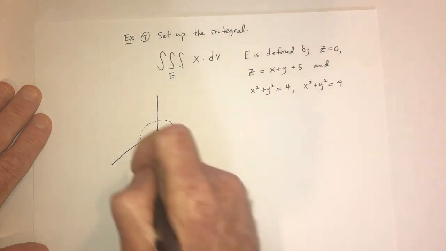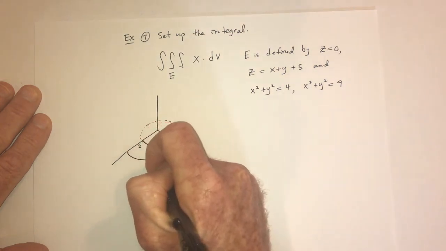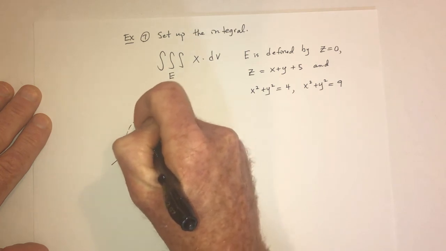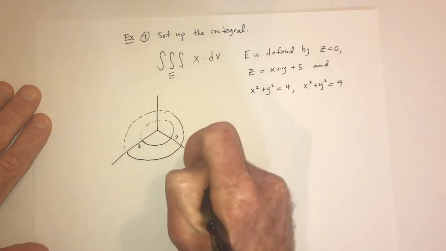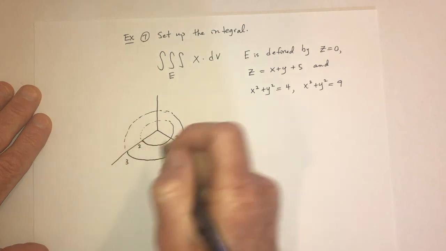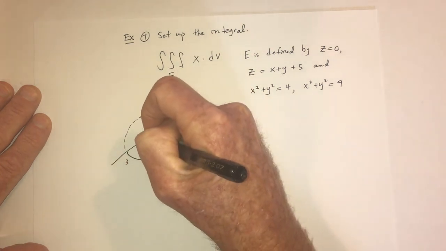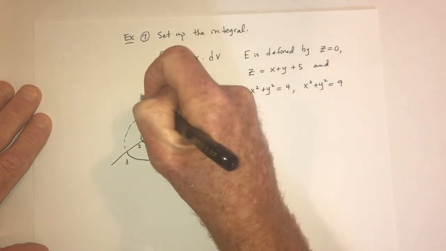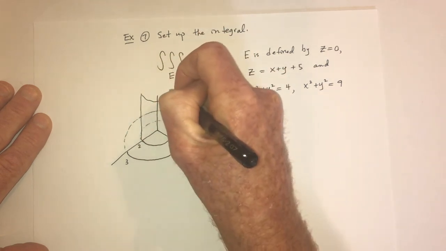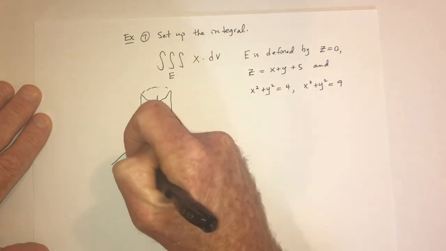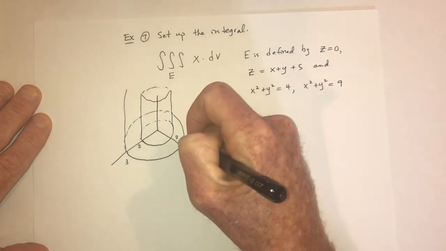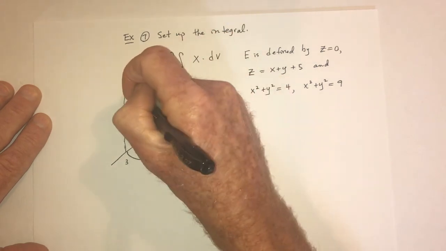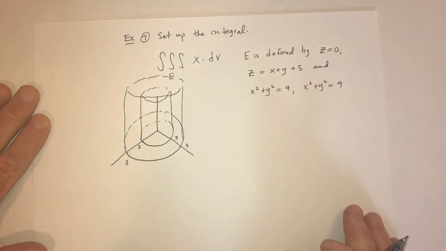This one has a radius of 3. And then they go up like this, up and up. And then this one goes up. Something like that.